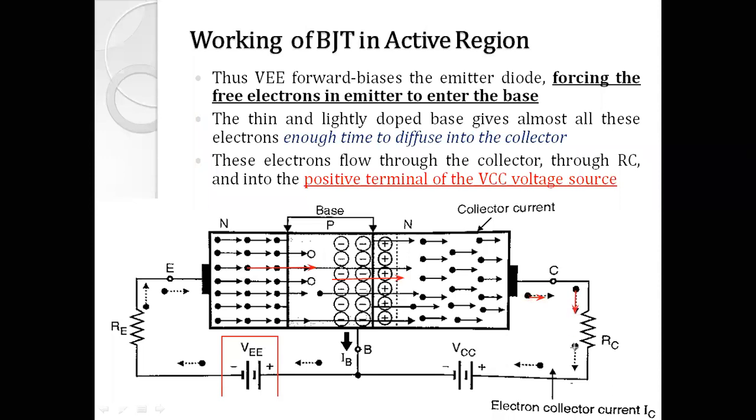You can see that the electrons come out from this collector region, pass through this RC, that is the collector resistor connected to the collector terminal, and reach the VCC supply.